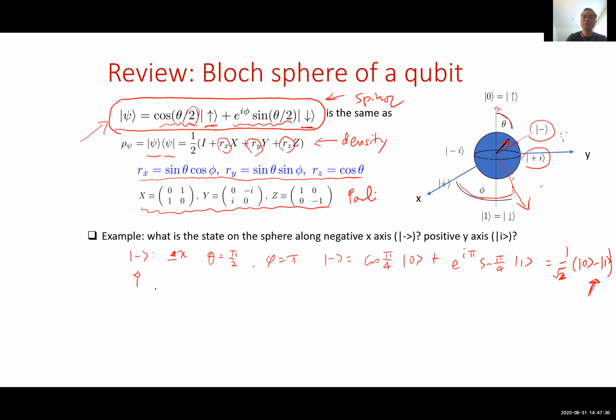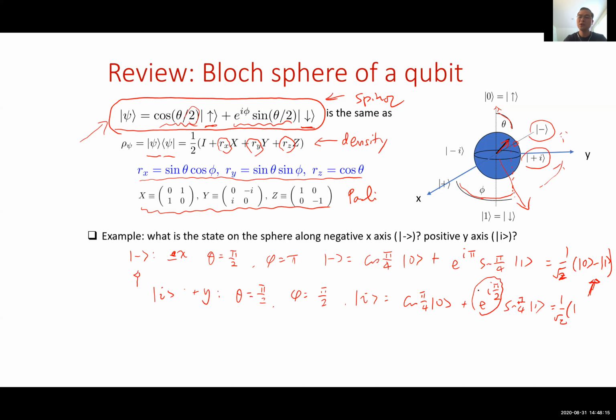Okay, and plus i is in the plus y. You can do it similarly. Theta is pi over 2. Y-axis has the phi angle, this is pi over 2, right? So this state differs from the minus state just by the phase. The difference is here.